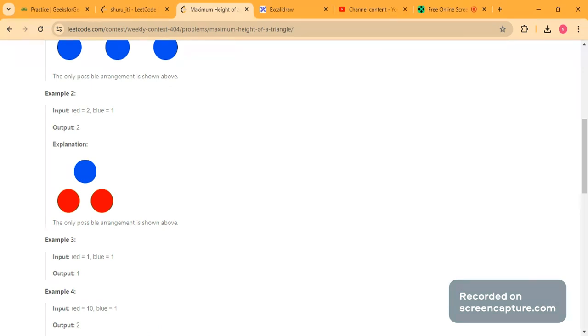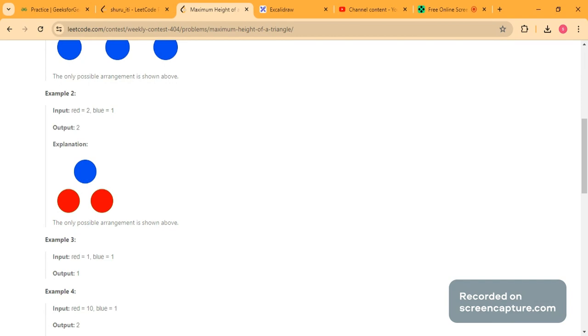For example, in this case, we are given two red balls and one blue ball. There are more red balls, but still we use blue balls as the first row. Why? Because if we used the first row as a red ball, then we would only have one blue ball, and so there would be just a height of one.